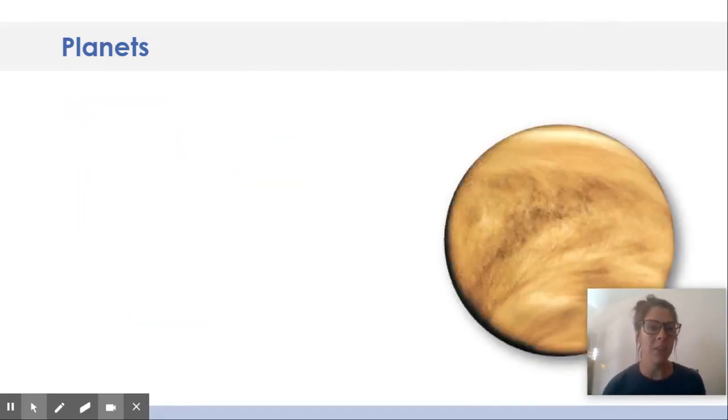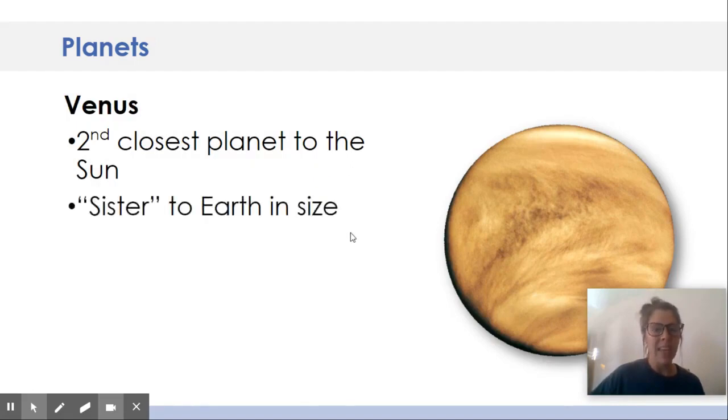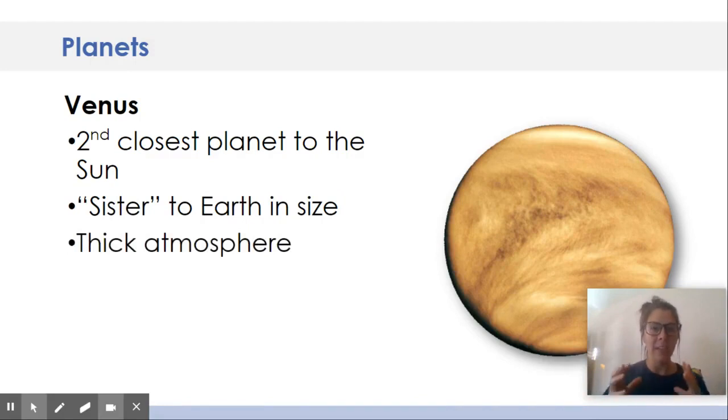Then we'll move on to Venus. Venus is one of my fave planets. So Venus is the second one closest to the sun. And it's actually called the sister planet because it's the same size as Earth. What's totally different about Venus, though, is its atmosphere. It actually has a very thick atmosphere. It's loaded with carbon dioxide. So some people, because it has a thick atmosphere and it's the sister planet to Earth, call Venus the thick sister.